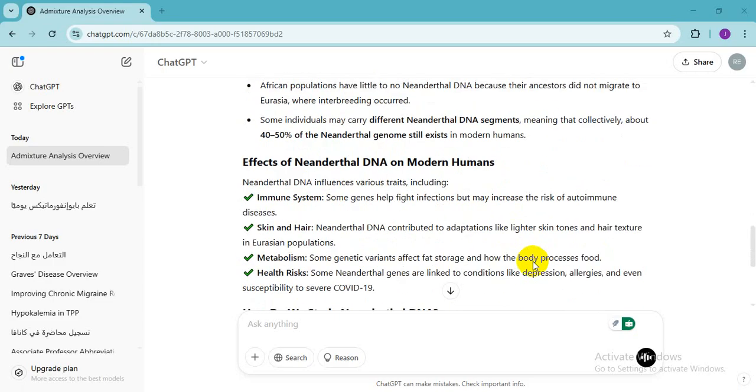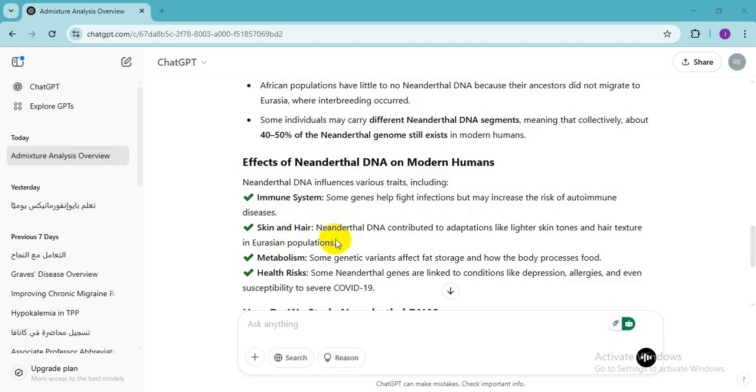What are the effects of Neanderthal DNA on modern humans? Its influence varies by trait. Immune system: some genes help to fight infections but may increase the risk of autoimmune disease.